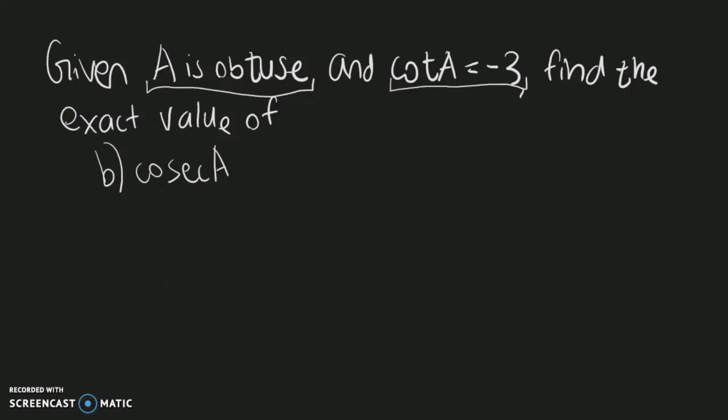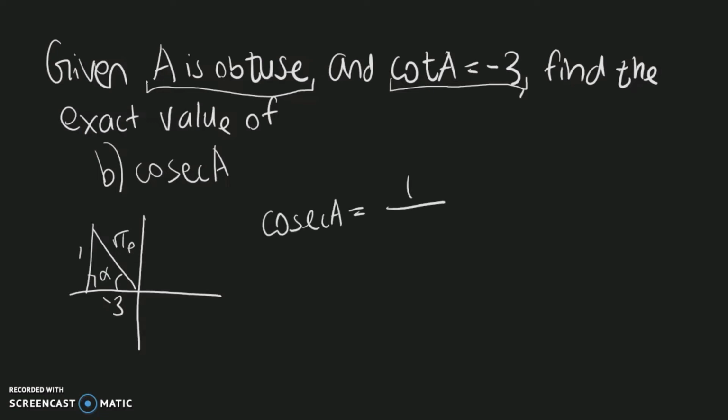Part B of the question is to find cosecant of A. We're going to start by drawing the same graph where this is alpha and this is minus 3, 1 and the square root of 10. The cosecant of A is 1 over the sine of A, and sine is opposite over the hypotenuse.